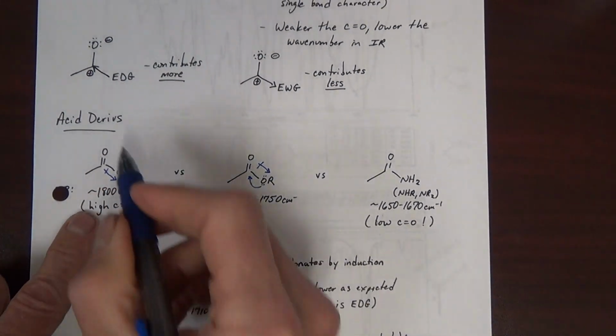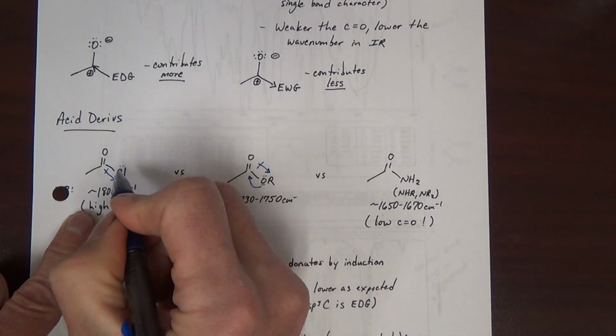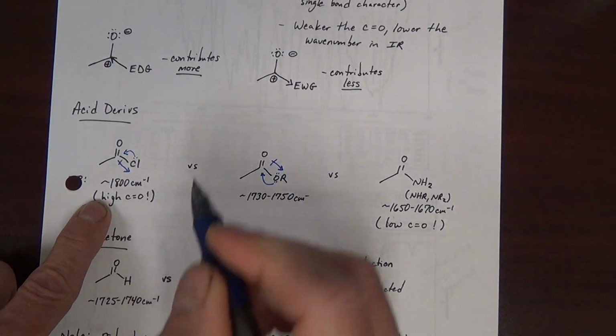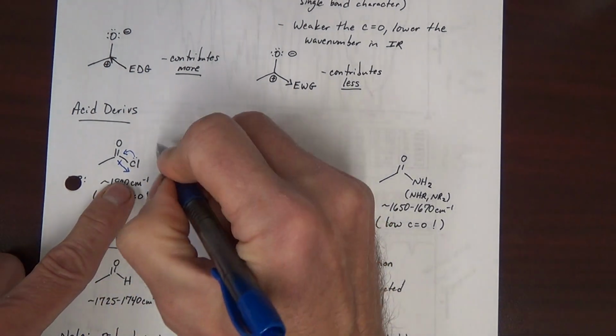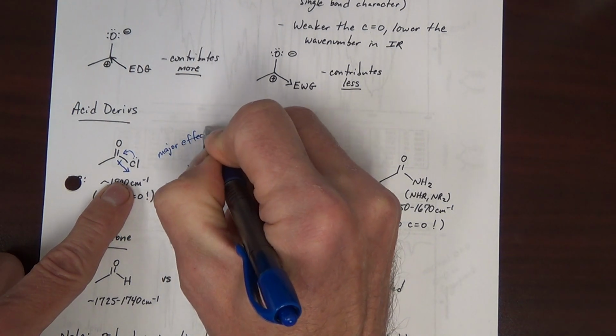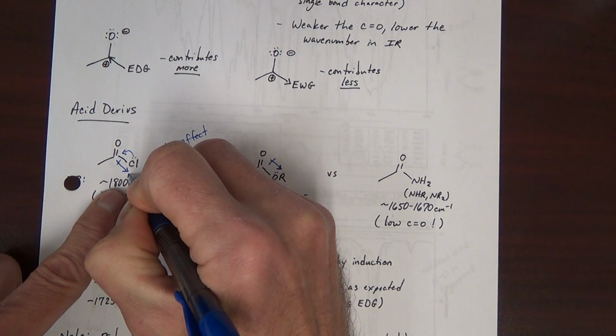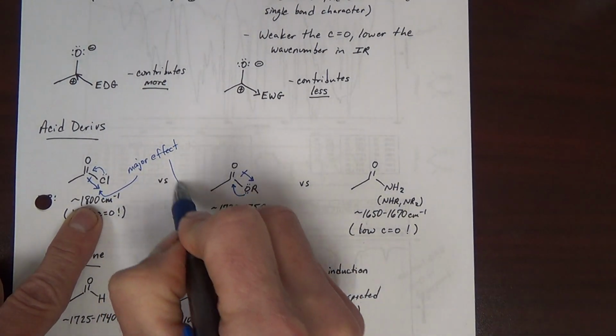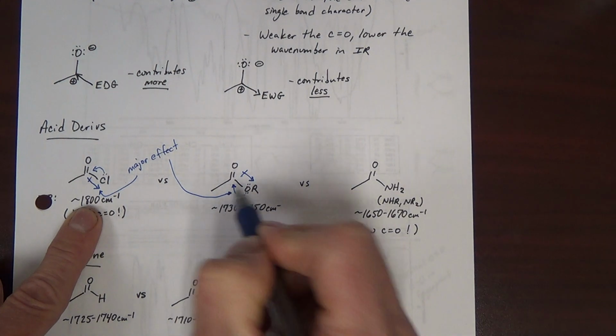The difference is, yes, the chlorine can donate by resonance as well, but with halogen, the withdrawing is the major effect. But with oxygen, the major effect is the resonance donation.